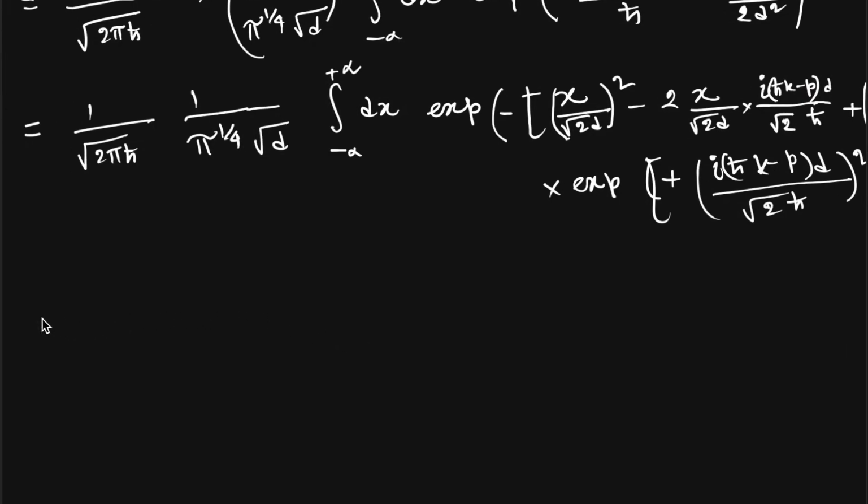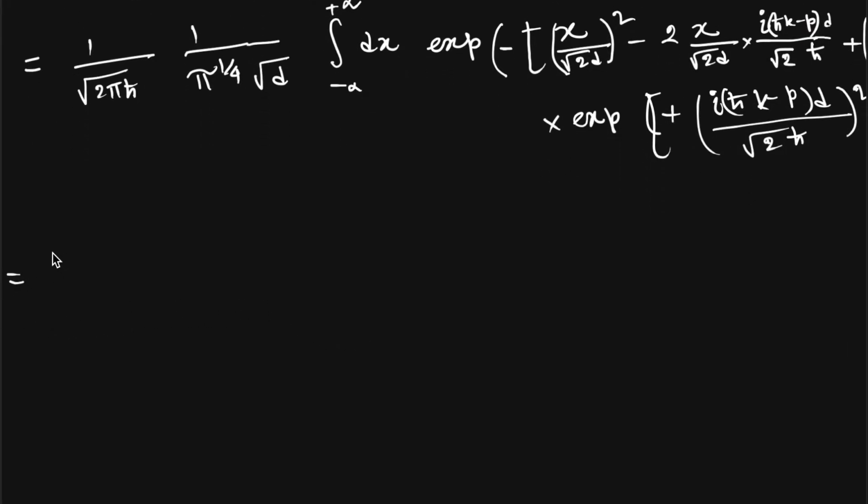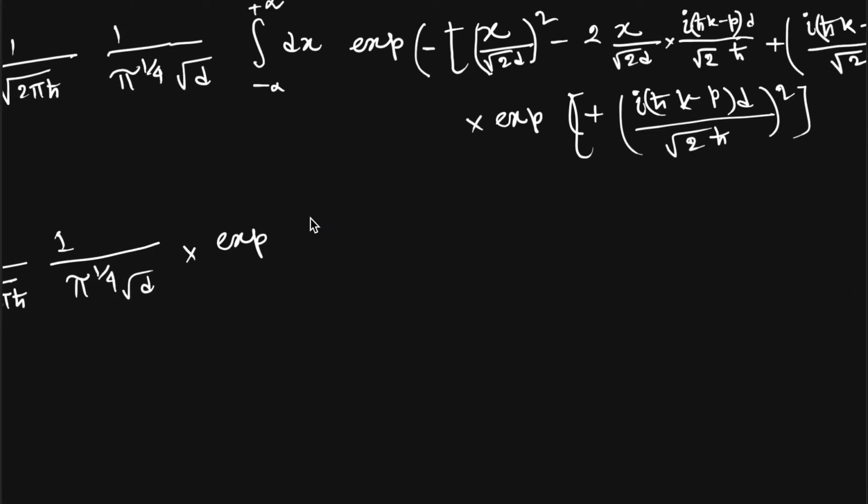So that means here we can write it as 1 by root π ħ, 1 by π to the power 1/4 root d times exponential of minus (p minus ħ k) square d square by 2 ħ square.